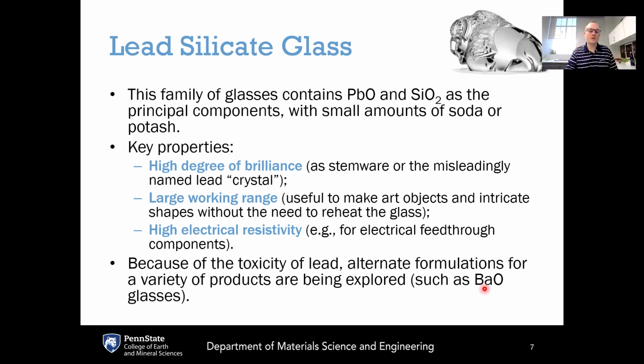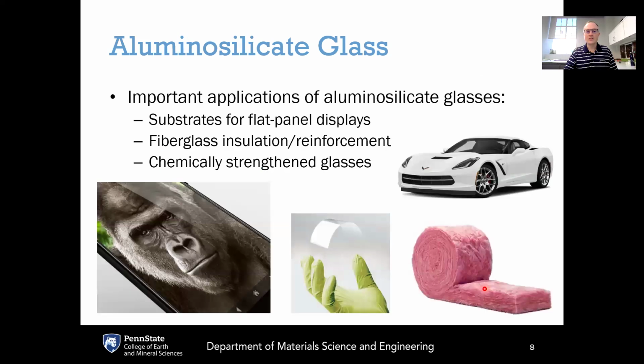Barium also increases the refractive index of the glass. It's also really good for improving the working range of the glass. It's not as good as lead oxide in any of those respects, but it is fairly non-toxic and is a preferred substitute for lead oxide.